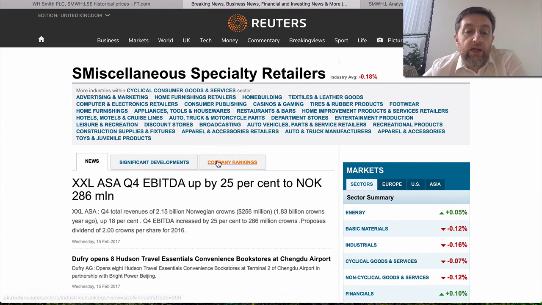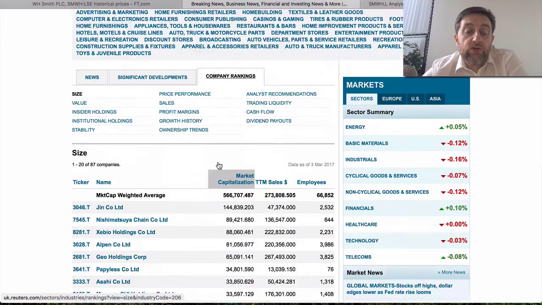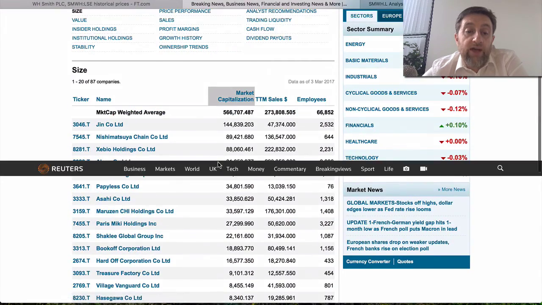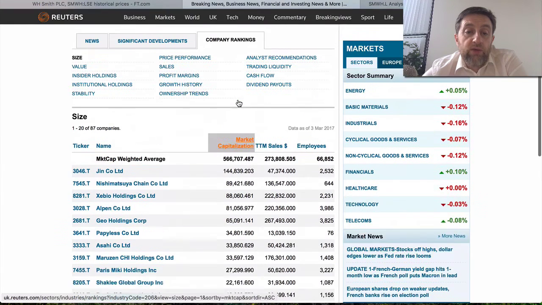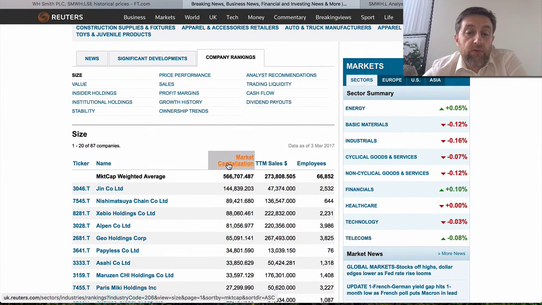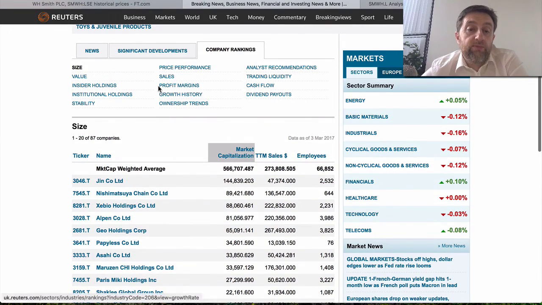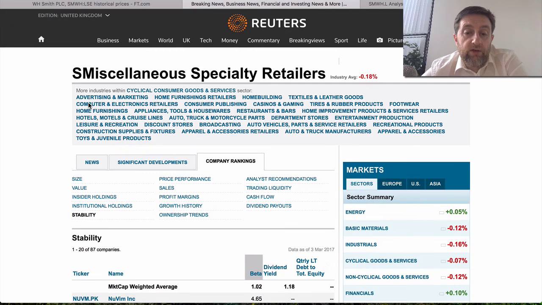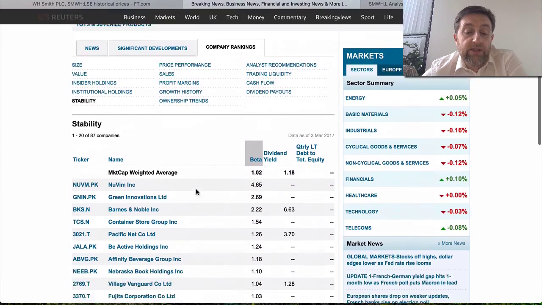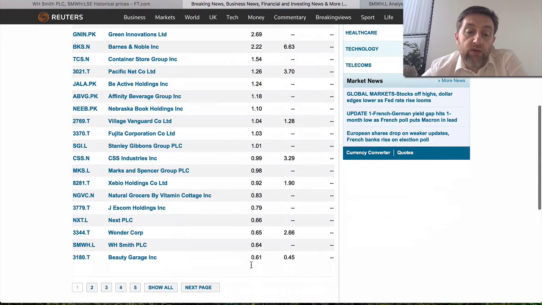and you can click on company rankings. So clicking on company rankings gives you rankings for that sector. And so you might want to say, right, okay, we can rank on market capitalisation. Now these are global rankings, so it gives you a much bigger and broader sample. But let's look at stability. Right, let's click on that one. So stability, you get the beta, and you can see how the different companies have different betas.